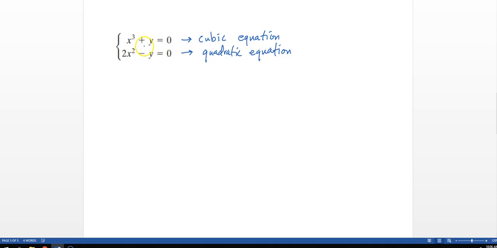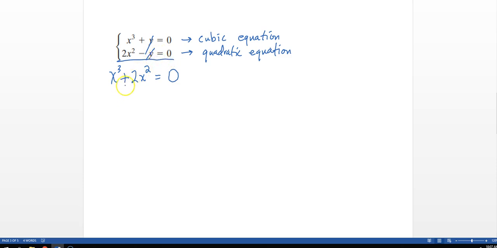So this one is much easier than the previous example because we can immediately perform elimination. If we add these two equations together, it will eliminate the y variable. So if I add these two equations together, x cubed plus 2x squared is x cubed plus 2x squared. The y's cancel, and 0 plus 0 is 0.